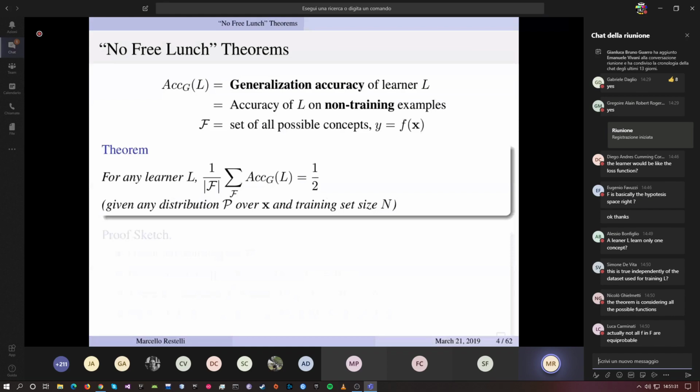But we assume, in most of the cases implicitly, other times explicitly, that there is some kind of regularity in the concept that we are going to learn, in the sense that it is more likely that the true function that we have to learn belongs to a class with respect to all the possible space. For instance, we assume that the true function will be somehow smooth, with not too strong variations, so that I can learn and I can generalize the knowledge that I gather from one point also to the surroundings.